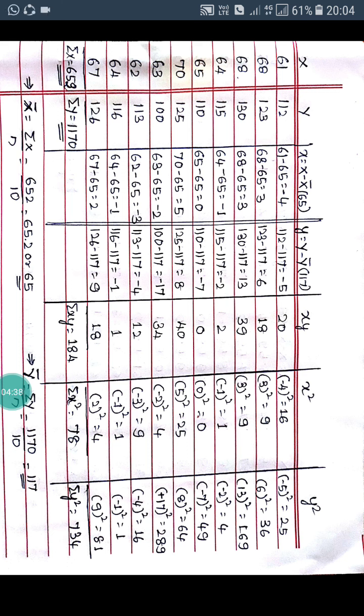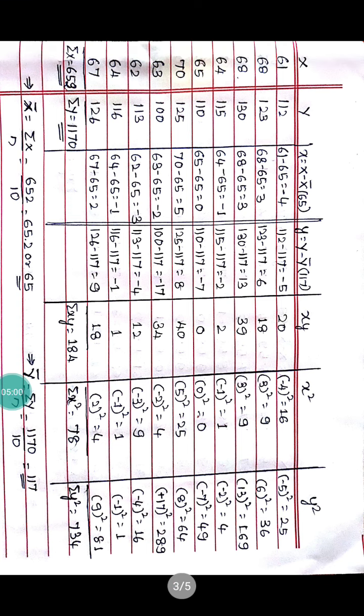The x value is 61 minus x bar value 65 equals minus 4. Then the x value is 68 and x bar value is 65, equals 3.